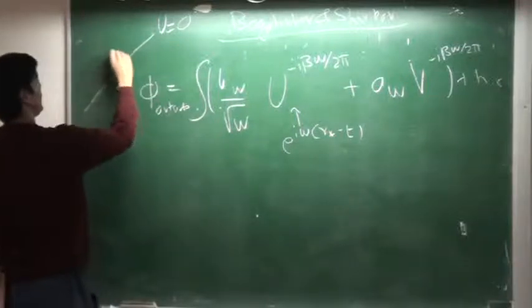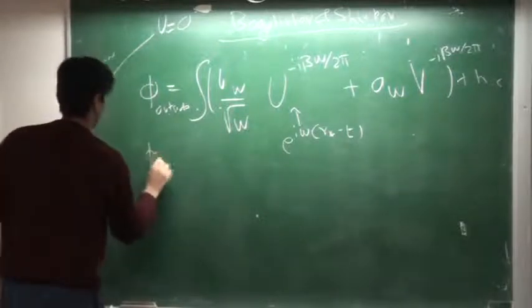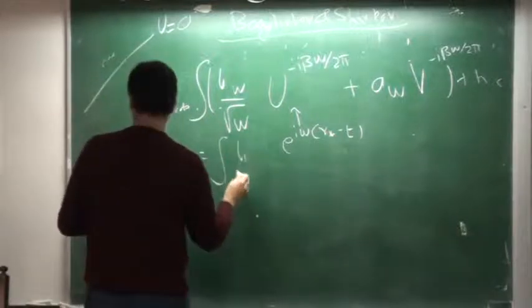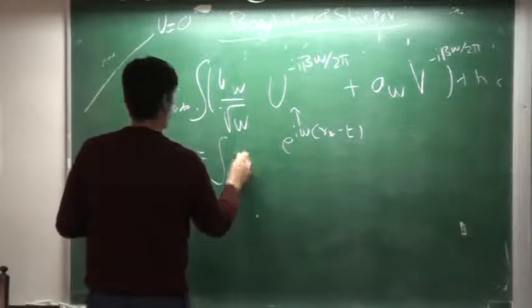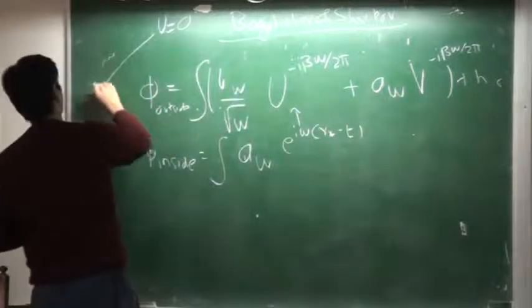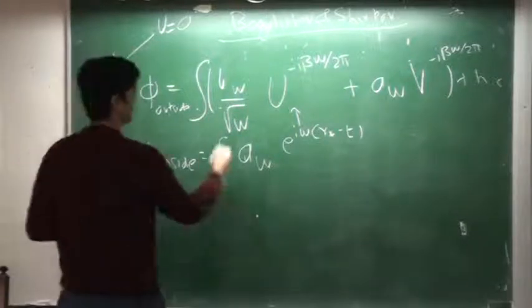I can also quantize the field inside, by introducing another Schwarzschild patch. So I'll get some correlation here. This is called D. These A's are the same as these A's because V is continuous across. But the U's are not continuous, so you'll get different modes for the U's.